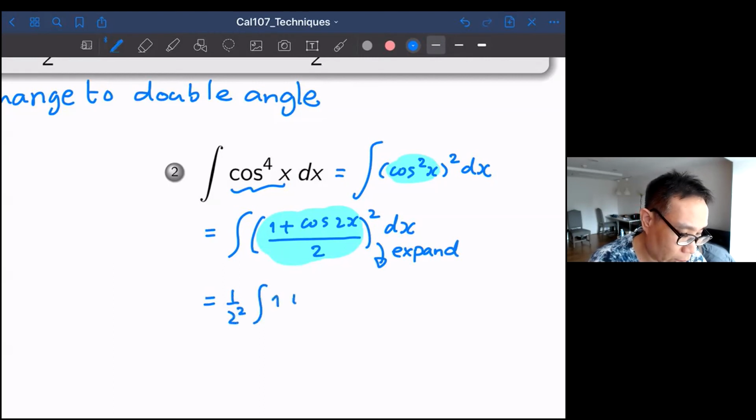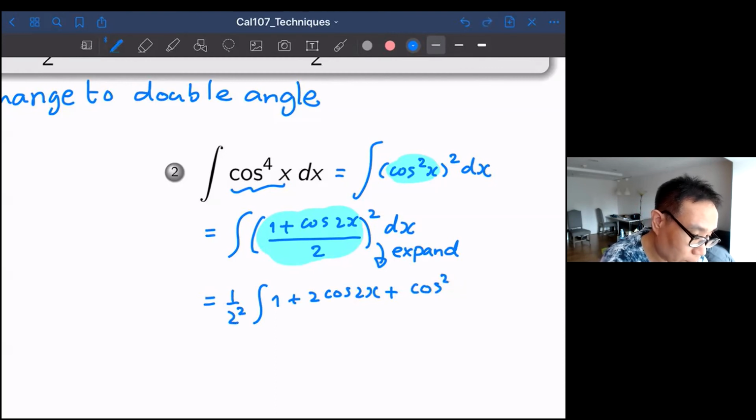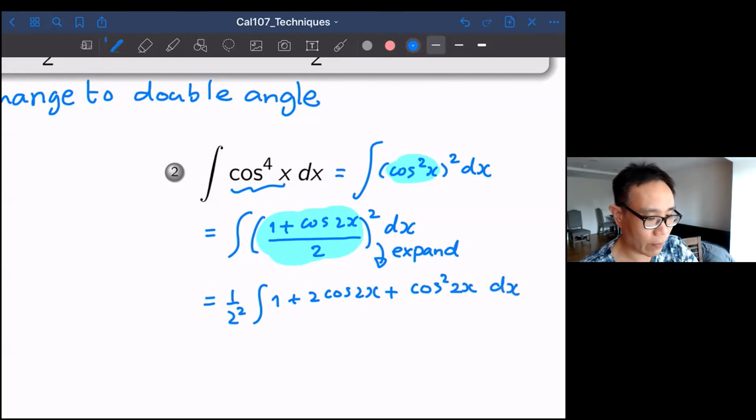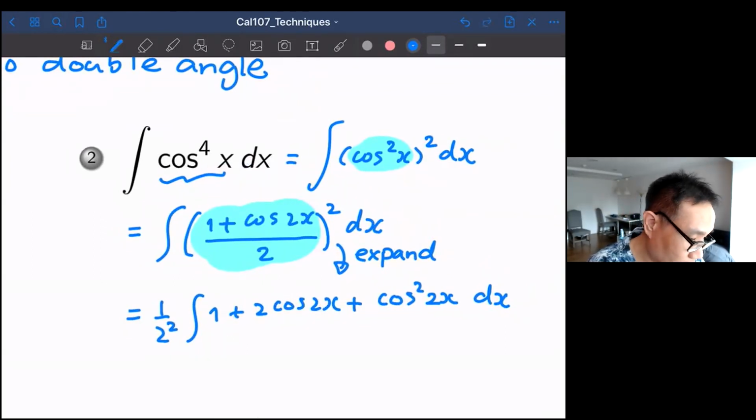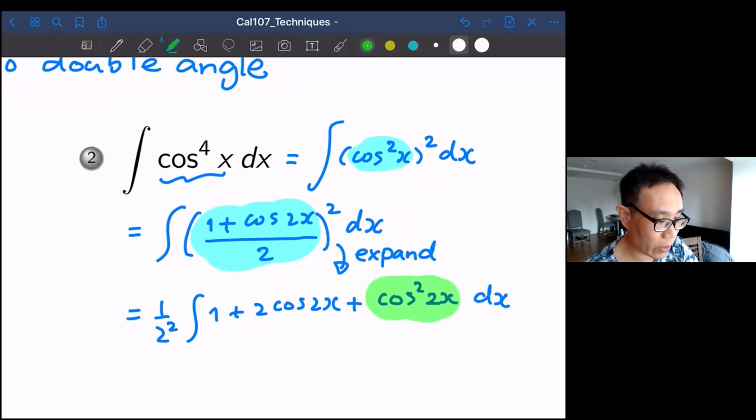So it's going to be 1 plus 2 cos 2x plus cos square 2x dx. You expand this one, you get 3 terms. And you see that you still have a double angle here.